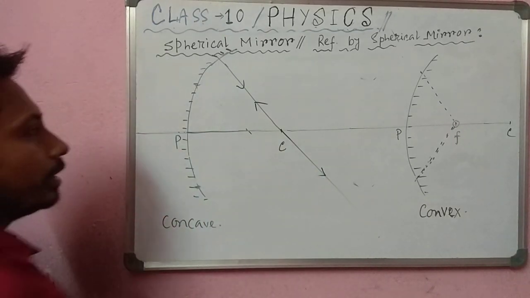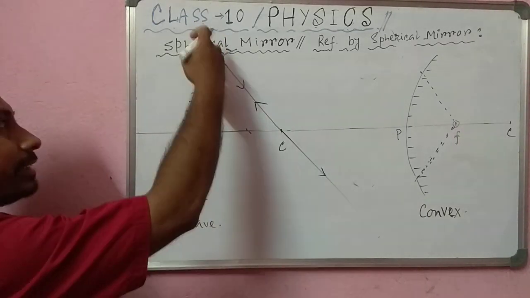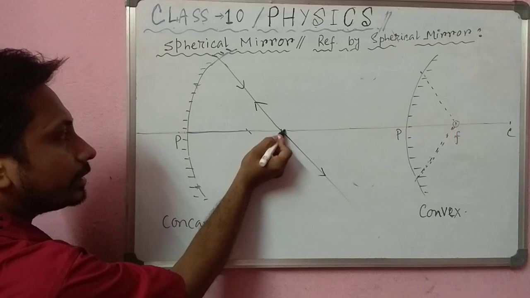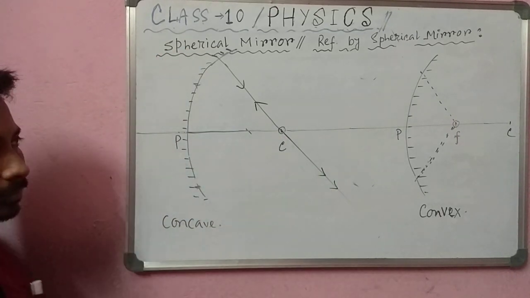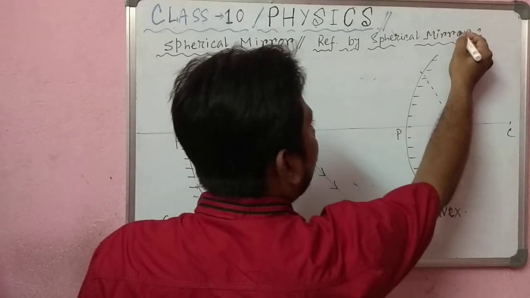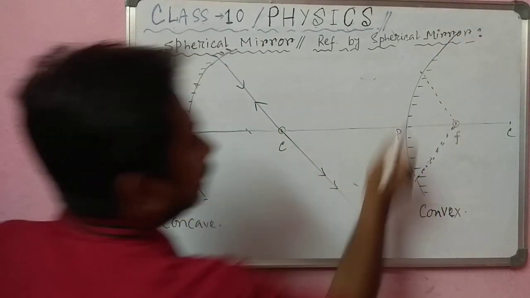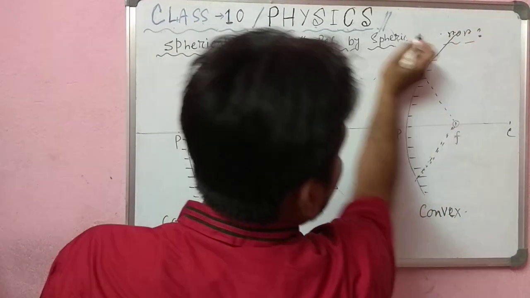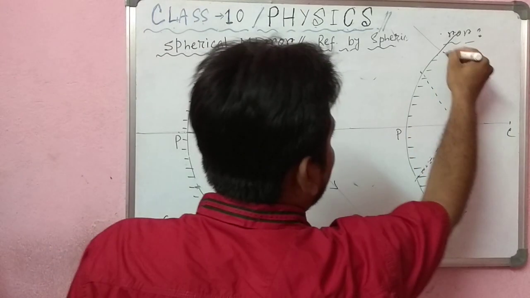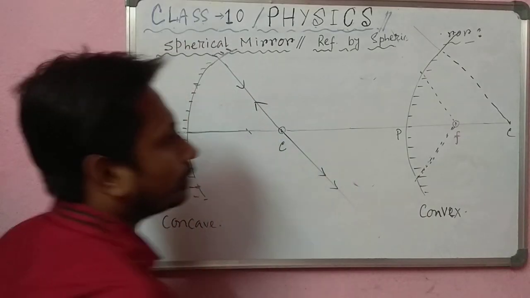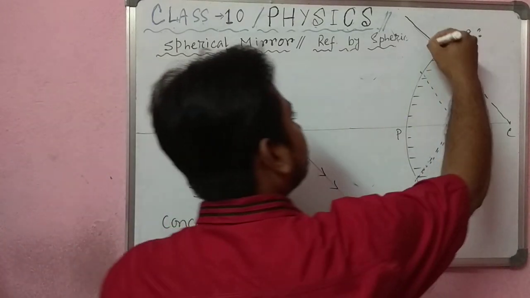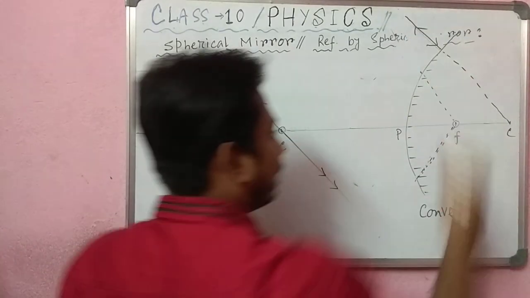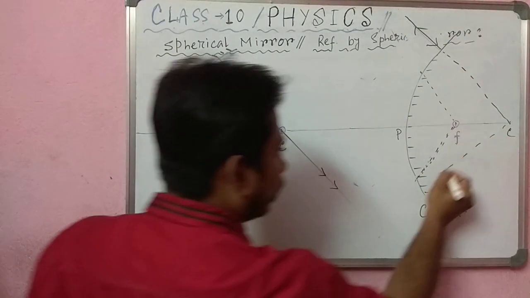Got it? Any light incident on the spherical mirror passing through the center of curvature always goes out in this manner. The same thing happens for the convex mirror also. If any light incident is actually meeting the center of curvature, it always goes out in the same manner. Here also we can draw.